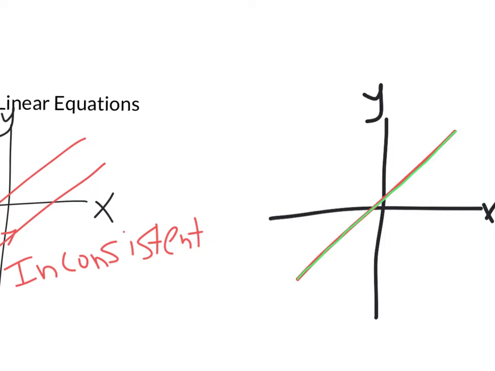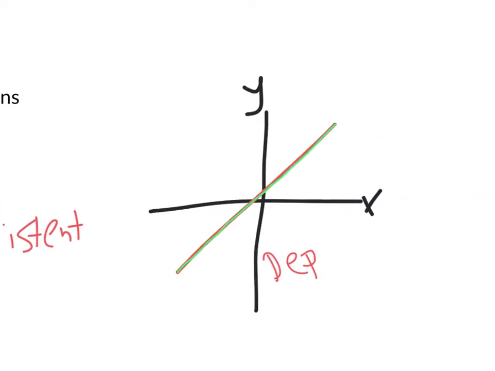These are the same exact line. And if they're the same exact line, then they're going to have infinite solutions. And we call that a dependent system of equations. Dependent system of equations just means infinite solutions.